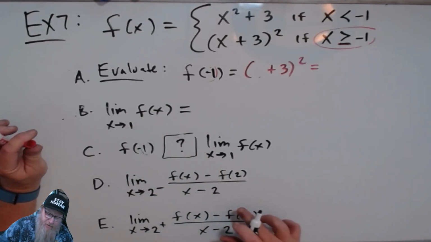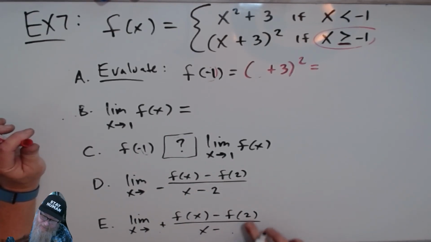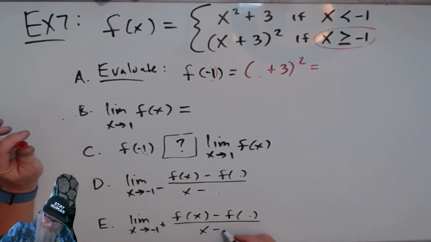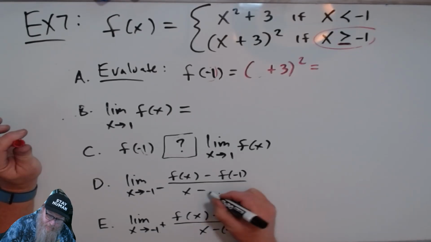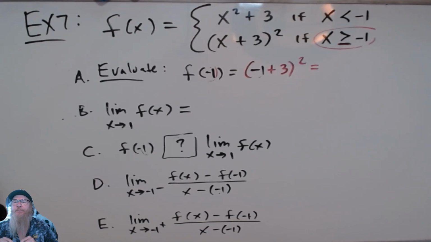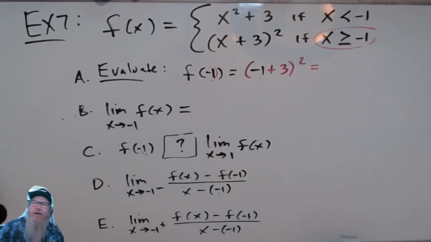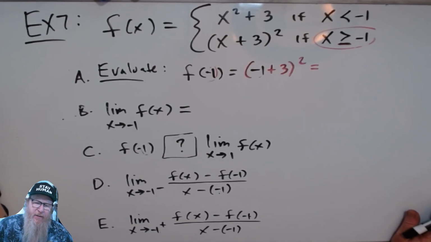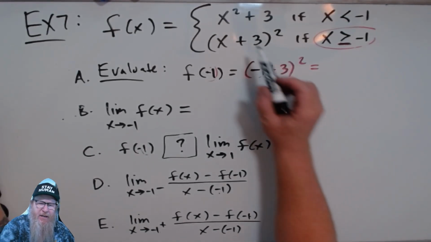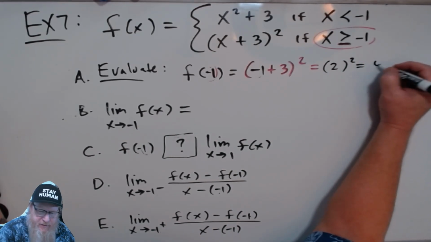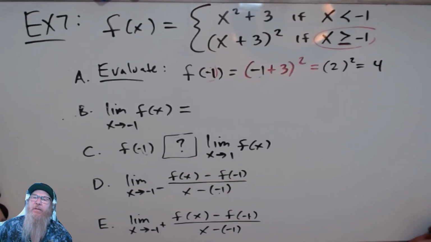I'm sorry. I'm not starting over again. And this is definitely not a 2. Man, I am screwing this up. -1. I think I was mixing it up with the previous example. All right, -1. So -1 plus 3 is 2. 2 squared is 4.